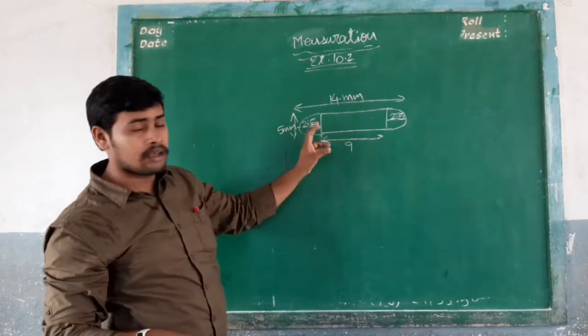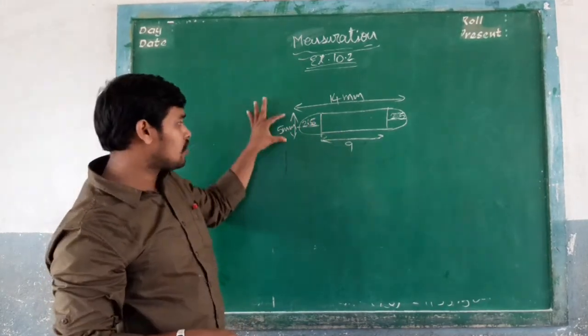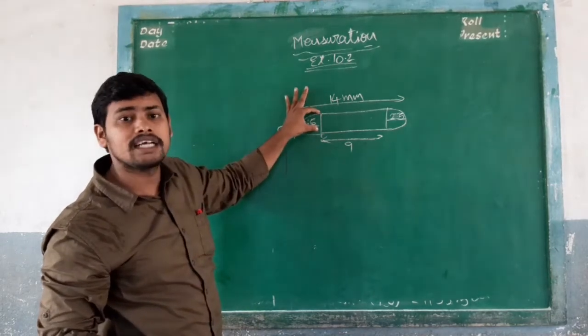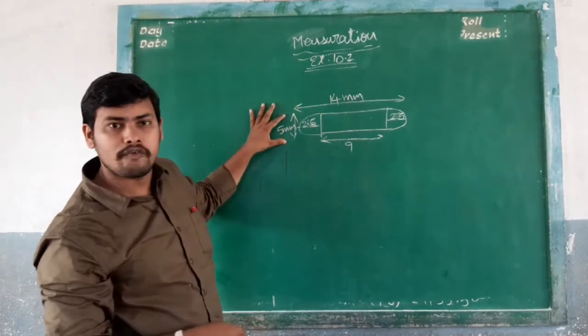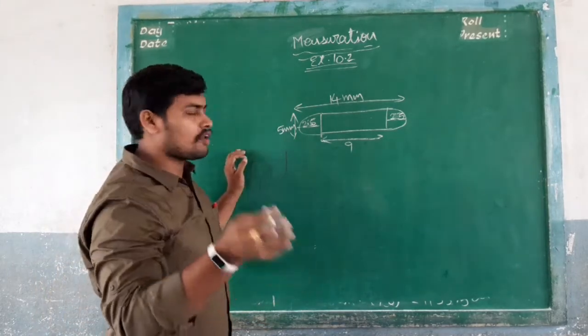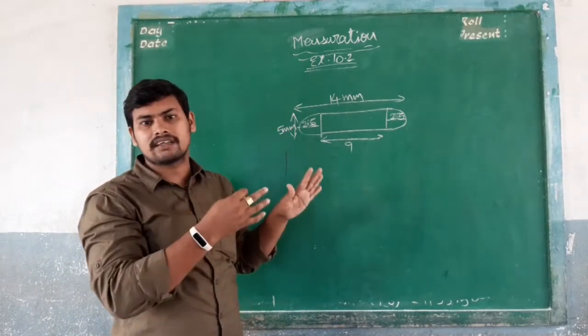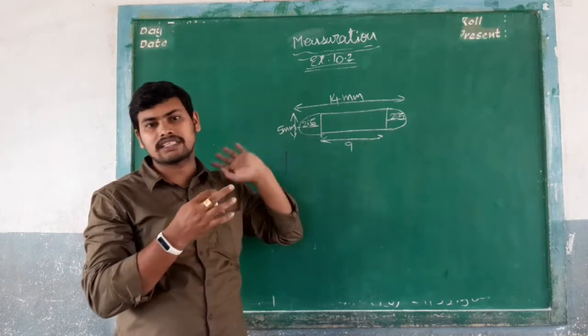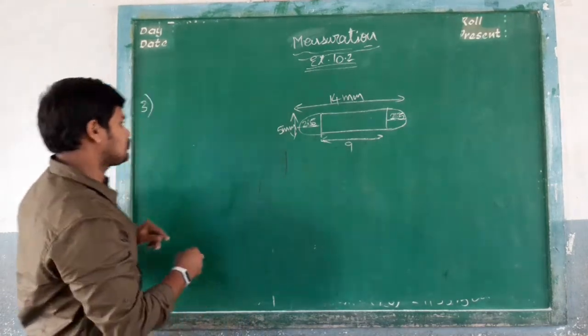The radius of the cylinder is 2.5 because 5 mm is the diameter here. So you simply calculate the lateral surface area of the hemisphere plus the lateral surface area of the cylinder plus the lateral surface area of the hemisphere.